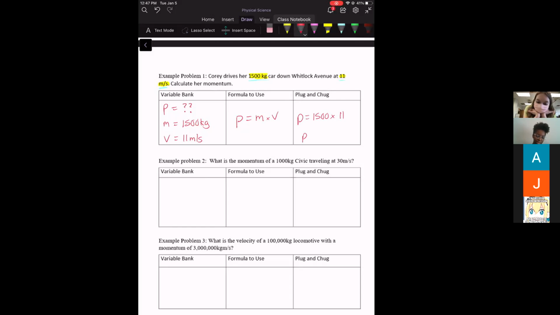That is correct. P is equal to 16,500. All right, so here's the weird thing. You have to remember that unit, okay? So it is kg, and if you want, you can put a little dot right there, m/s. Very nice.